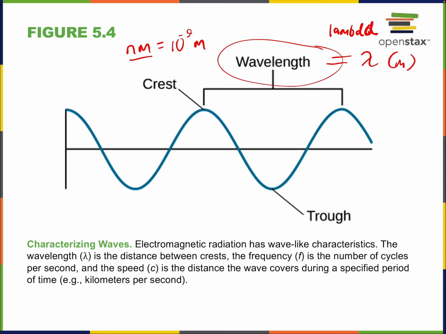But here's the thing. In addition to having a wavelength, light also has a frequency, okay? Any wave has a frequency, and that's how much time it takes to go from a crest back to a crest. All right, the time, in other words, for the wave to oscillate down and then back up is the frequency.